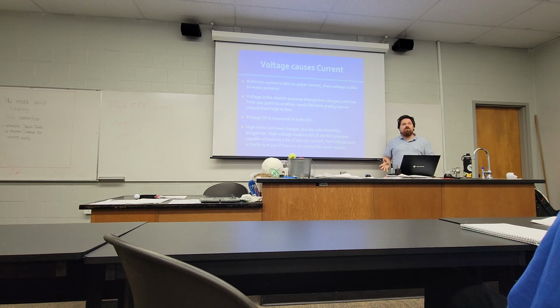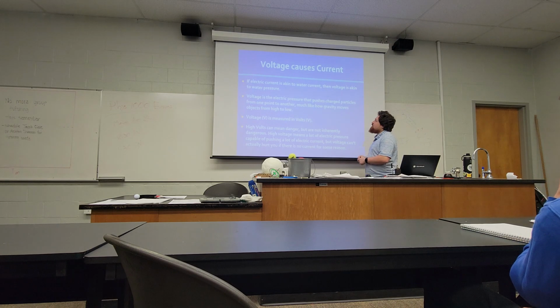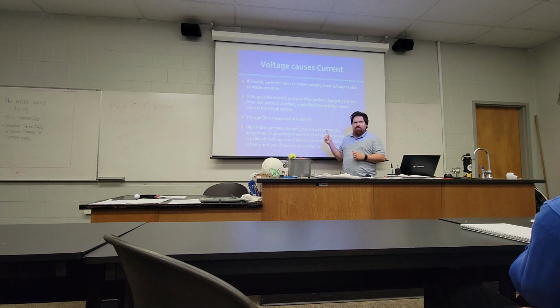That supplies voltage to the circuit to get the electrons within the circuit flowing. So I will occasionally refer to batteries as voltage source, because the voltage is what you need to get the current going. The current is then what delivers the energy to whatever you've got it flowing through. Questions so far?